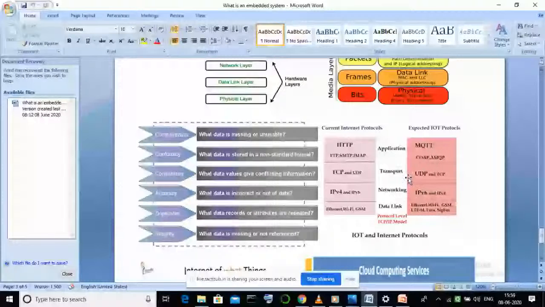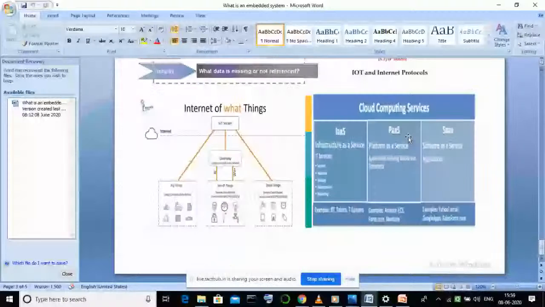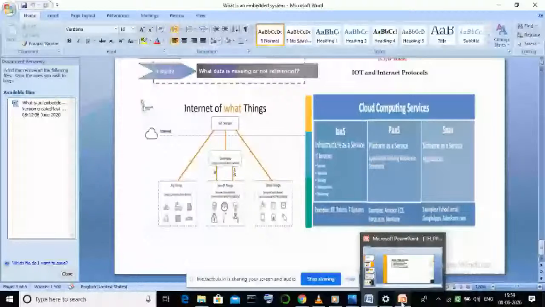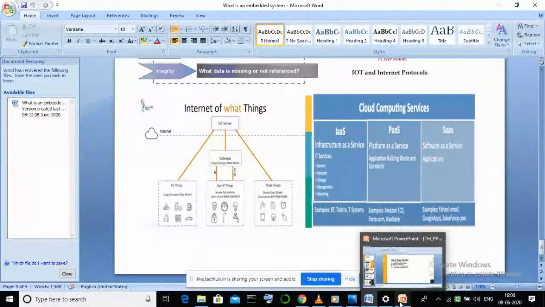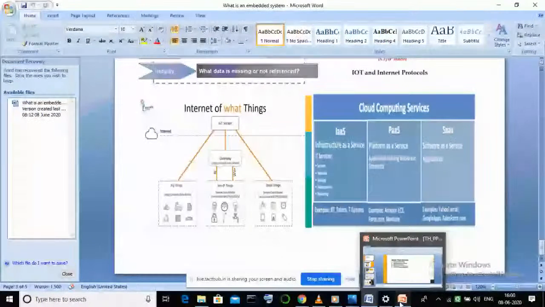So many others are coming because this gives you completeness, consistency, accuracy, and so many other concerns. Similarly, these protocols are related to cloud computing services and so on. So that's why I say, though the term is very simple, embedded systems and robotics, it covers a lot of things.